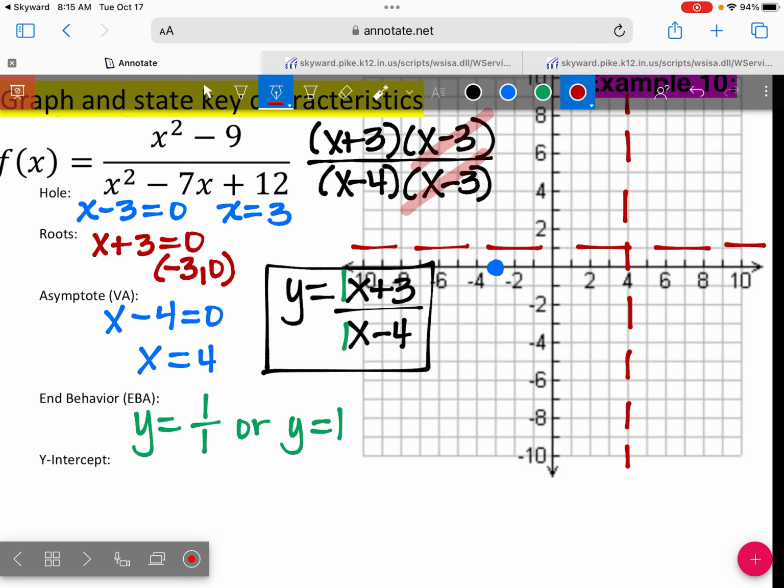And then your y-intercept. To find your y-intercept, you're going to plug 0 in for x. So again, I'm using this. Plug your 0 in here.